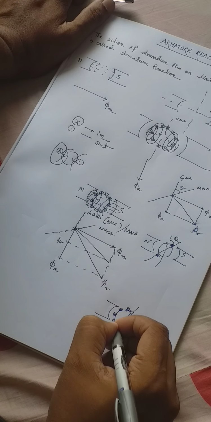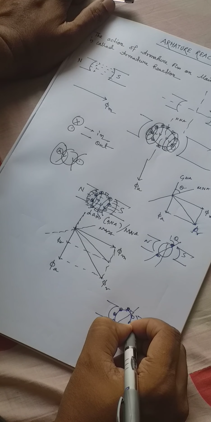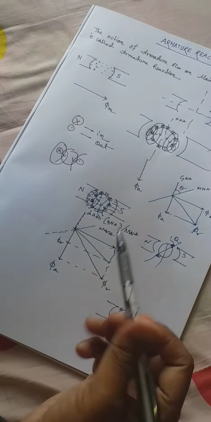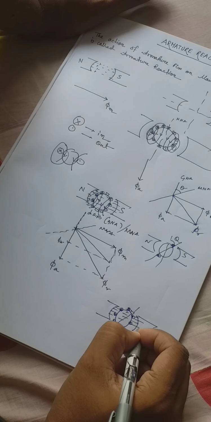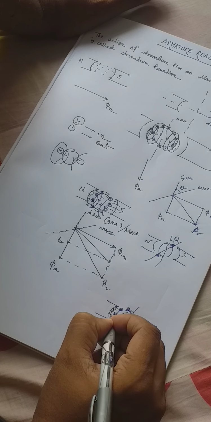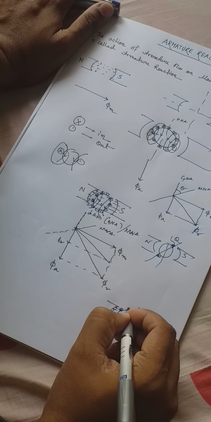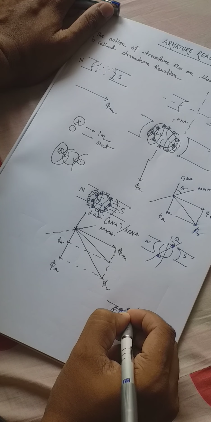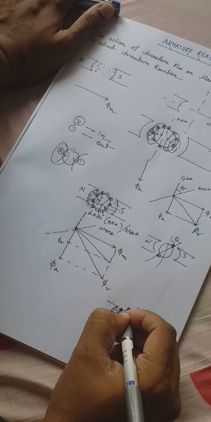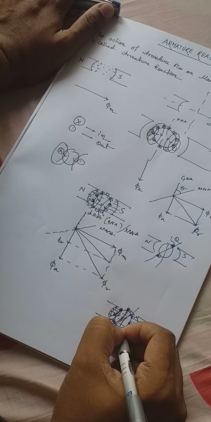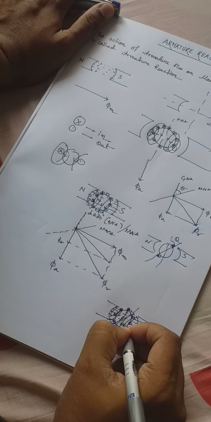Suppose this is a cross and this is a dot. Very interestingly, N to S, the flux is going this way, and this flux is also going this way.